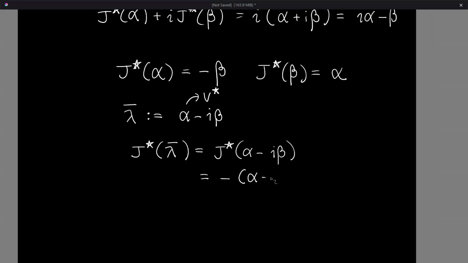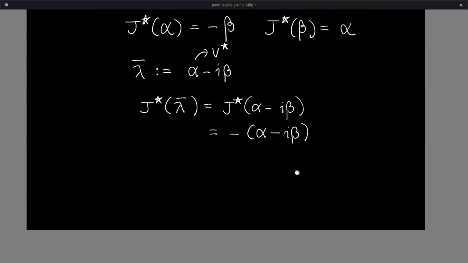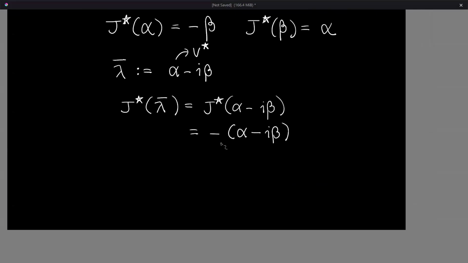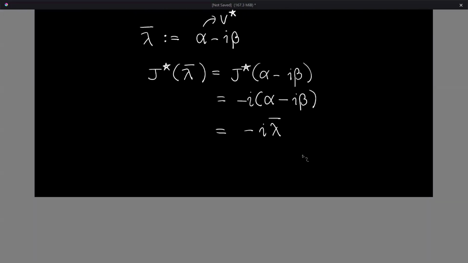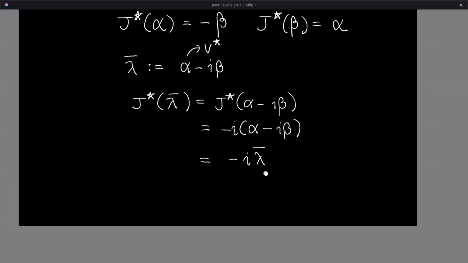There's some factoring that I did here that I wanted to undo, but suffice it to say, what you'll get is, I think there's a minus I here, and so you get minus I lambda bar. You can check the calculation.